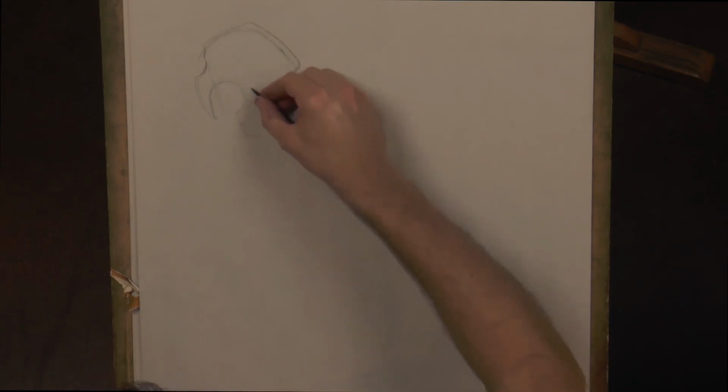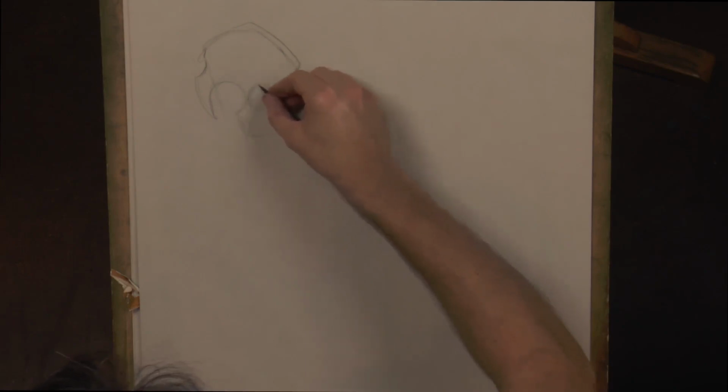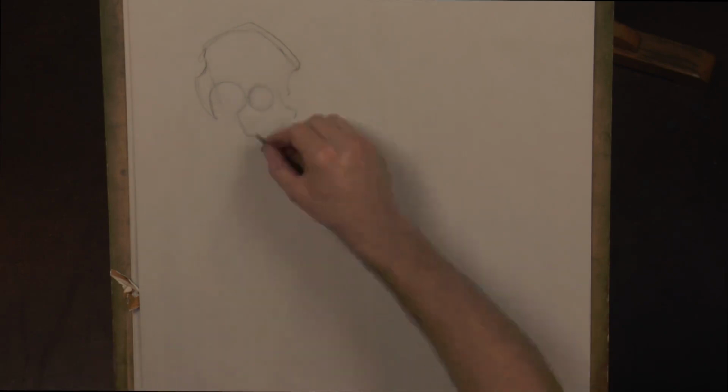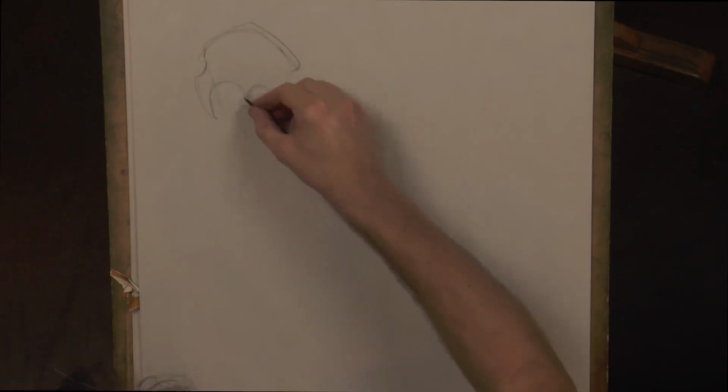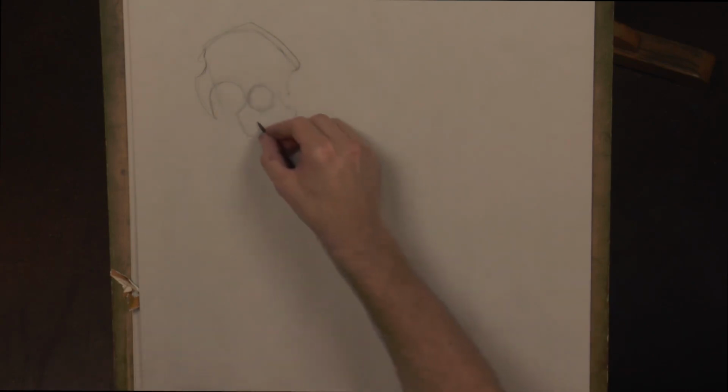Here we've got that acetabulum or acetabulum. Not really sure about the pronunciation on that one. But that's the hip equivalent of the glenoid cavity. That's where the head of the femur, the upper leg bone, will sit right into.